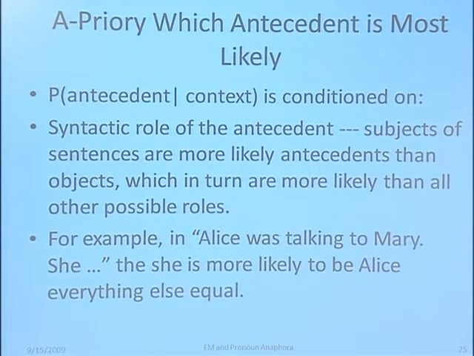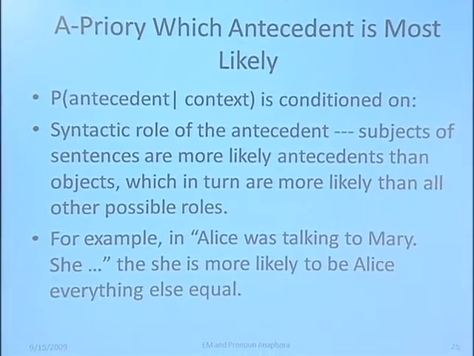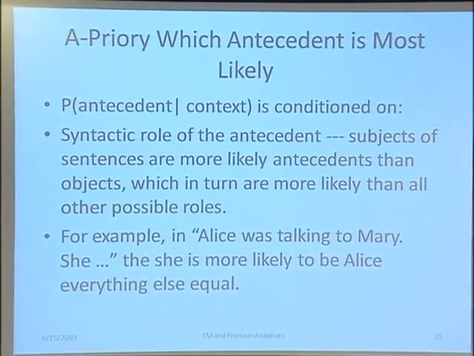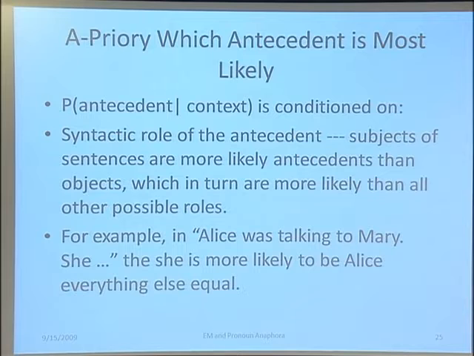This leaves one more distribution. What's the probability that something is likely to be an antecedent, just given where it appears relative to the pronoun, without any information about the pronoun itself? There are lots of things that you would think might be relevant. Earlier we discussed the syntactic position of the antecedent.